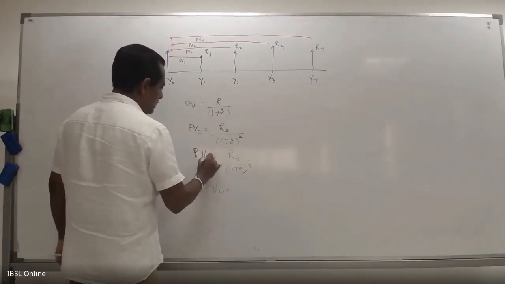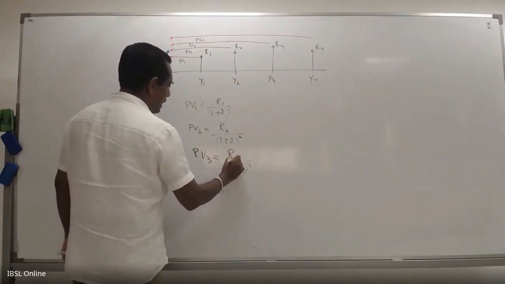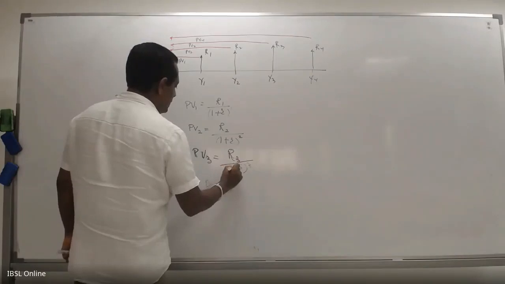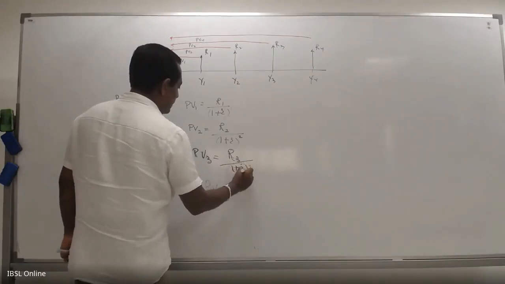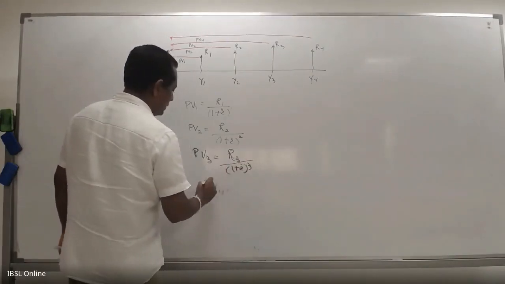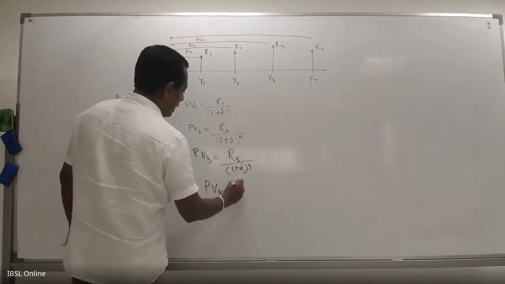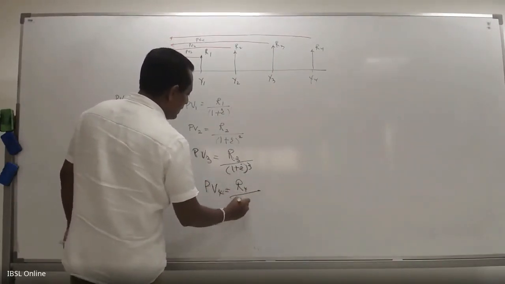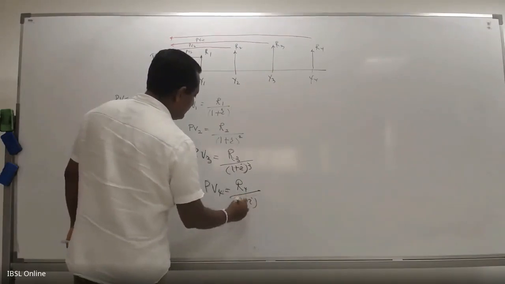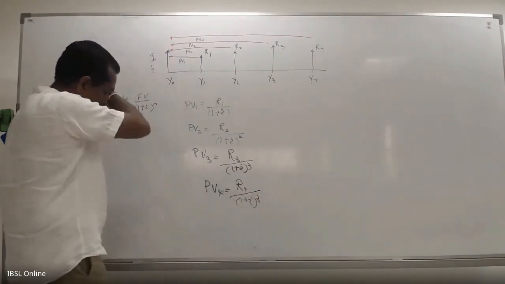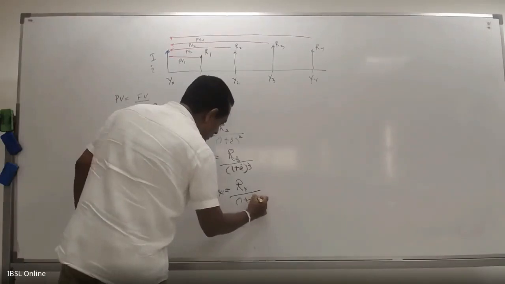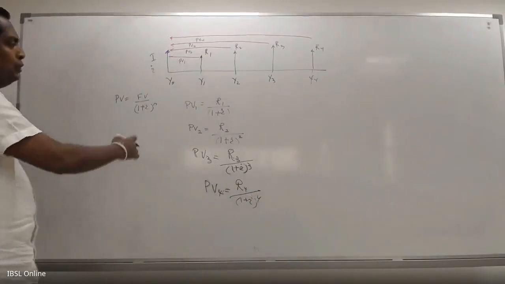Present value 3 equals R3 divided by 1 plus I to the power 3. Present value 4 equals R4 divided by 1 plus I to the power 4. Right? So these are the things.